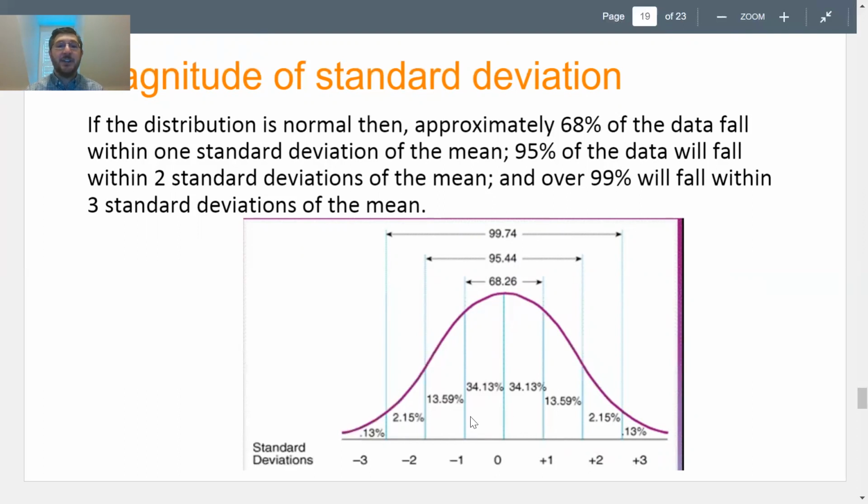And nearly all of the distribution, about 99% of scores, will be within 3 standard deviations of the mean. So the standard deviation has nice properties that relate it to the normal distribution, making it a very useful measure of variability when our distribution is normal.